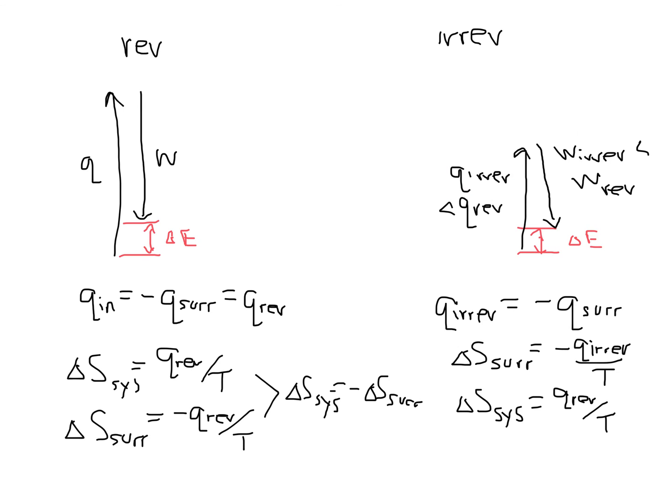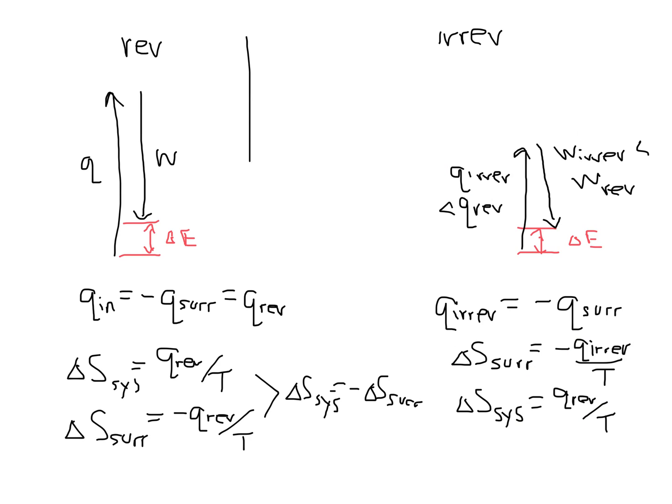Thus, in this case, it's easy to see that the entropy lost by the surroundings is less than the amount of entropy gained by the system, because Q irreversible is less than Q reversible.